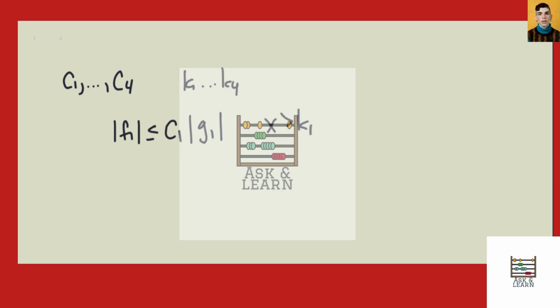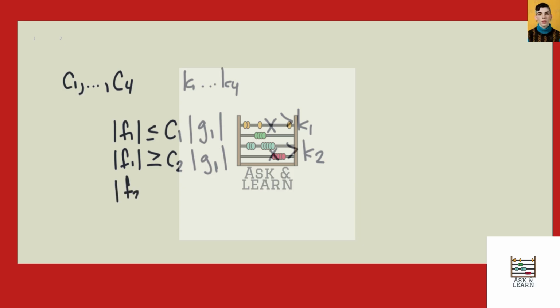And this is because since it's big theta, it must be big O. Similarly, since it's big theta, it must be big omega, which means that there's some other constant, c2 times g1, that f1 would be greater than, and that will occur at some other k. We'll let that be k2.